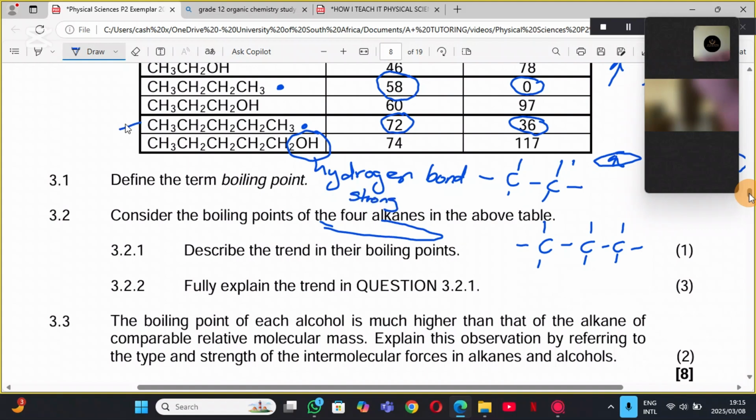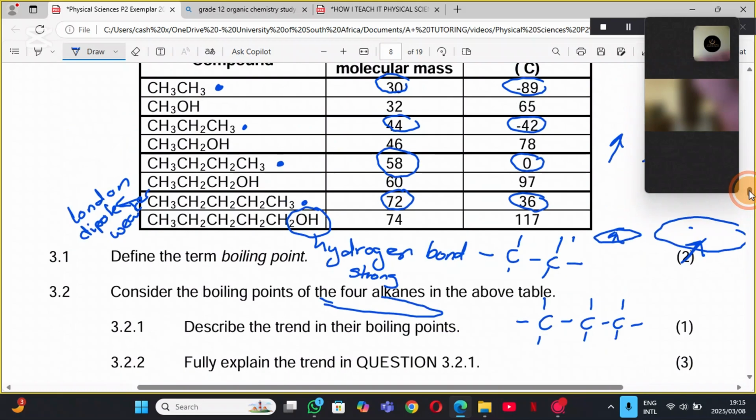But between alkanes we have our London forces. We have our London and our dipole, right? So meaning they are weaker, right? So that's what we need to explain when we get to this point.